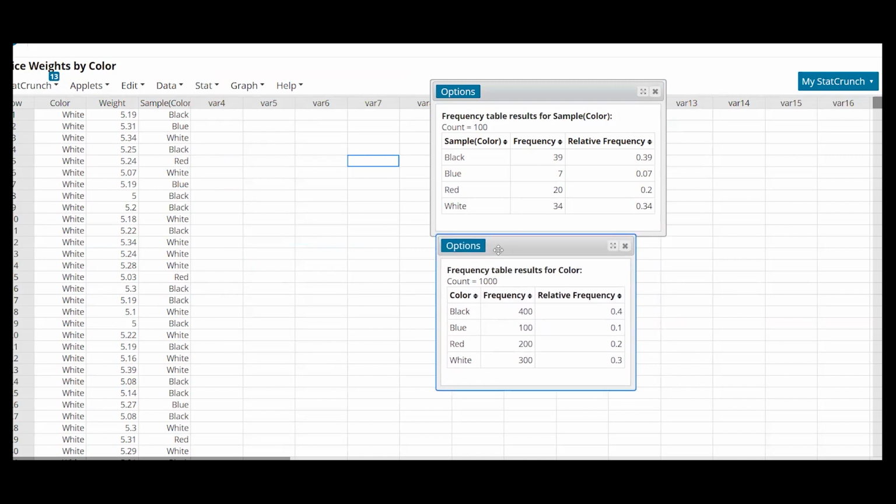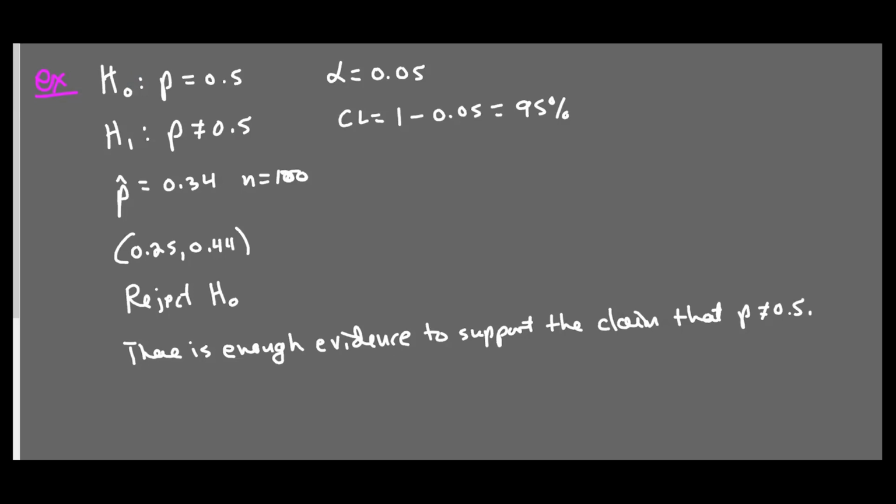Okay, now let's do another test with population mean. So let's say that you looked at the dice and you said, I think the average dice is going to weigh about 4.6 grams. So our null hypothesis would be that the mean is equal to 4.6 grams.